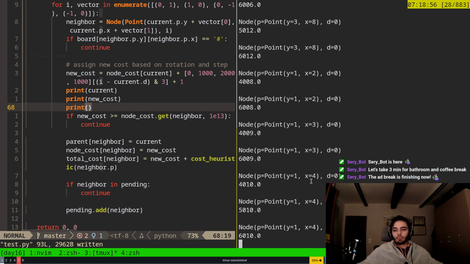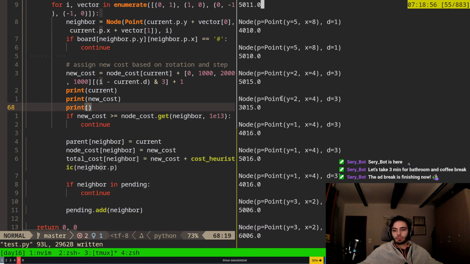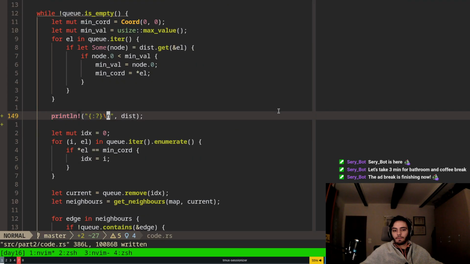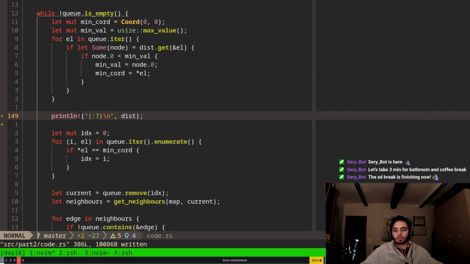So in this, 1.4 is 4,000. Huh? Wait, do I actually have a bug? Like an honest to God bug?